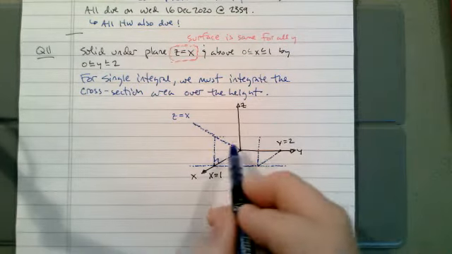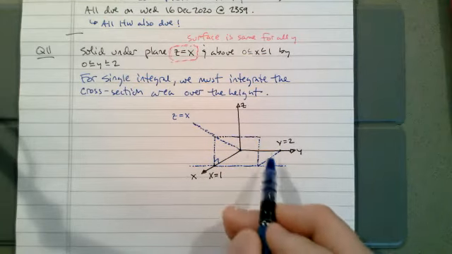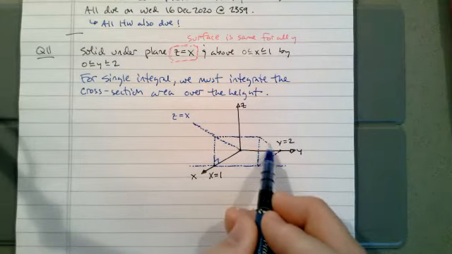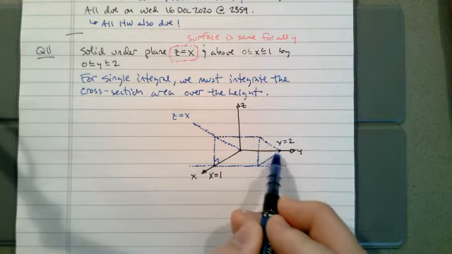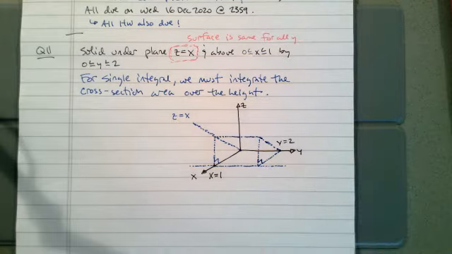Our solid is just a prism. So the cross-sectional area is only going to vary in the z direction.